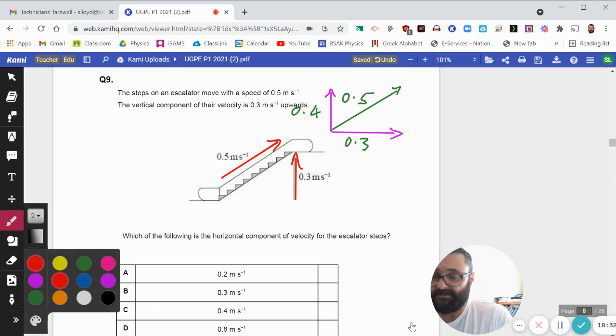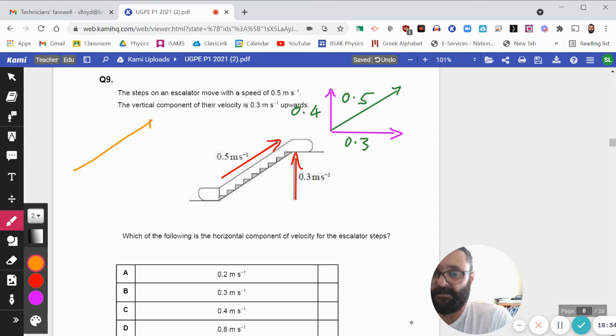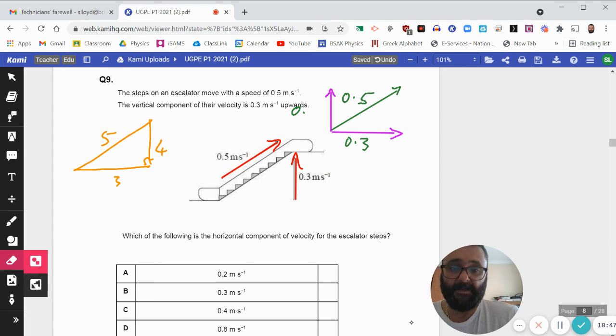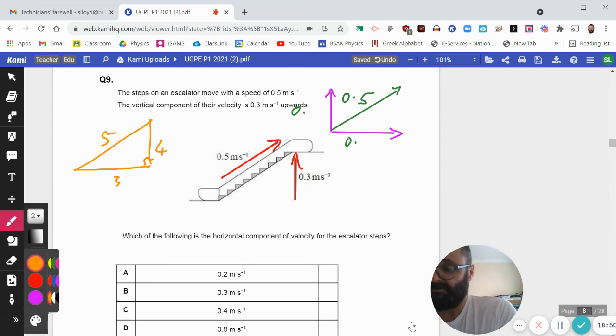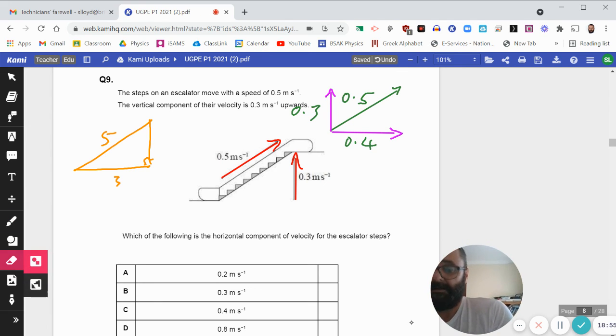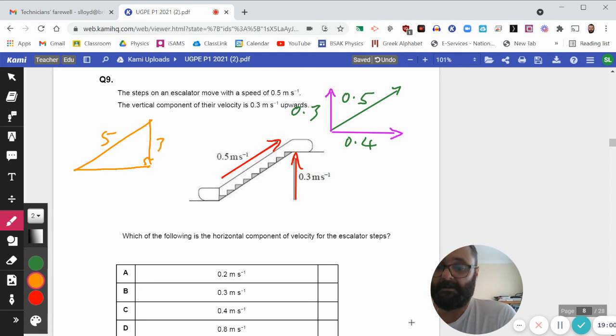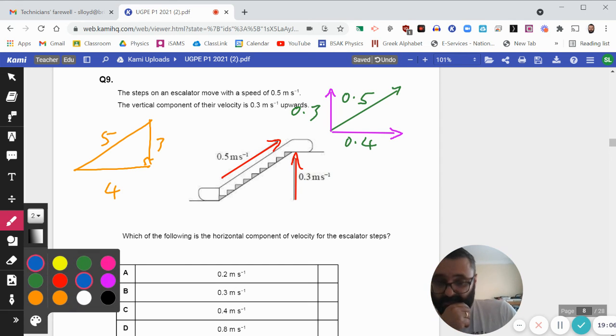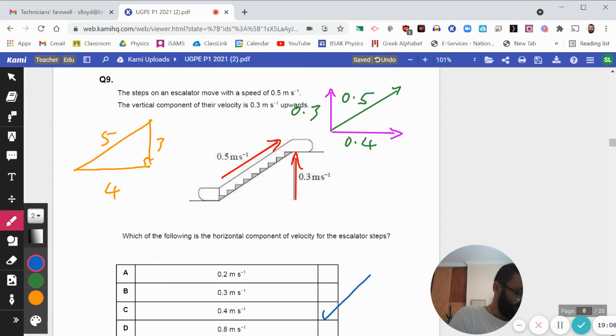Because you should know that in maths, if you have a right-angled triangle, if that's 3, that's 4, then that's 5. So the horizontal component is 0.4, which is answer C.